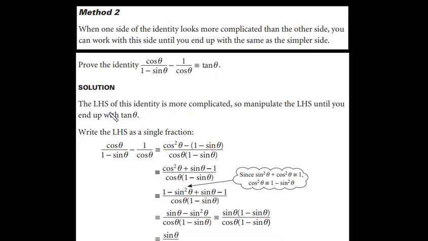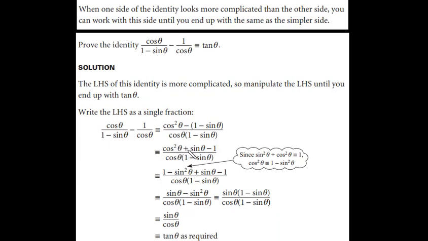Look at this part. We can rewrite it using the common denominator, multiplying cos theta by cos theta. So we have cos squared theta minus 1 multiplied by 1 minus sin theta. Now we break the bracket here, but cos squared theta is equal to 1 minus sine squared theta, because sine squared theta plus cos squared theta equals 1.